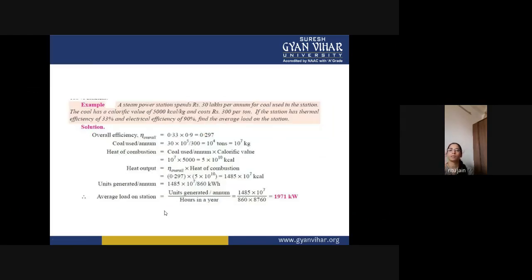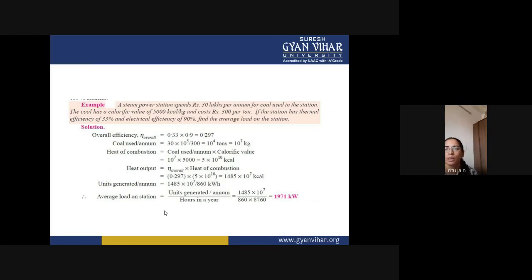Another example: a steam power station spends rupees 30 lakhs per annum for coal used in the station. The coal has a calorific value of 5000 kilocalorie per kilogram and costs rupees 300 per ton.